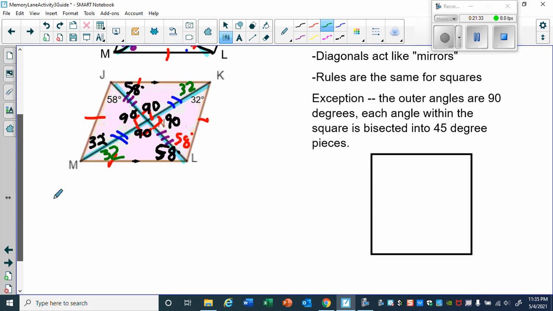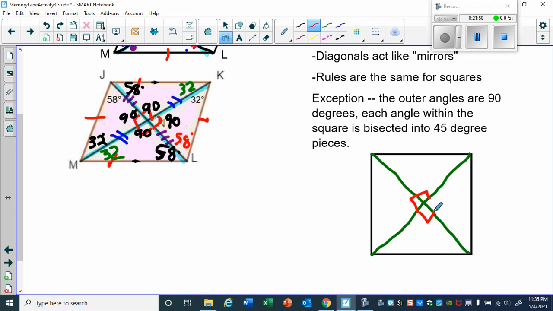Now, a square is somewhat like the rhombus, the only exception. So here, with your square, these are still right angles.